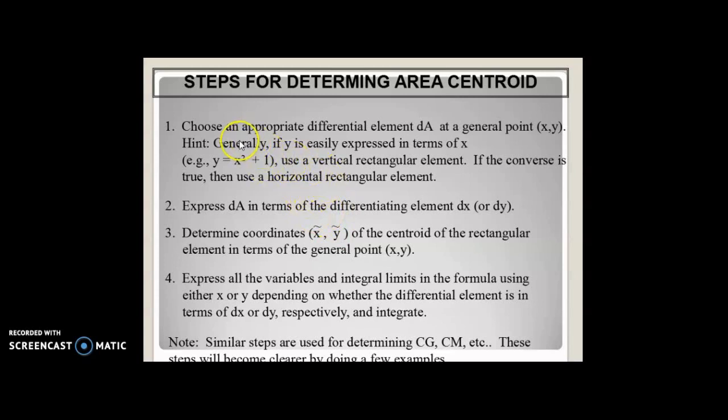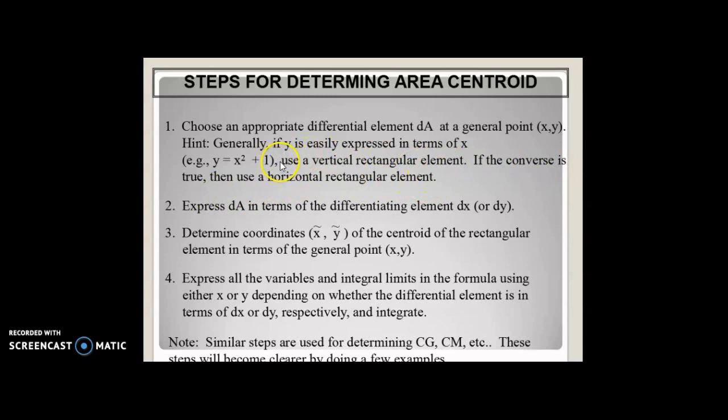The first step is to choose an appropriate differential element dA at a general point x, y. Generally, if y is easily expressed in terms of x, for example y equals x squared plus 1, use a vertical rectangular element. If the converse is true, then use a horizontal rectangular element.